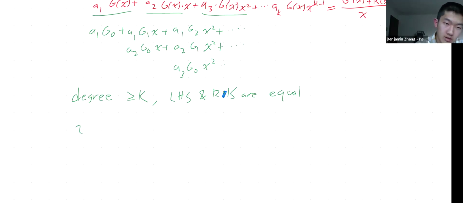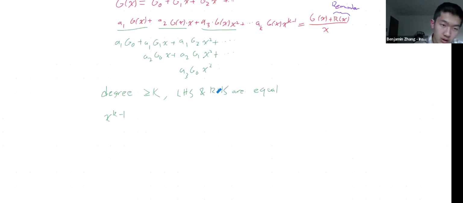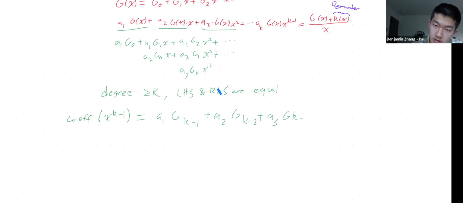If we look at the left hand side, the coefficient of x to the k minus 1 is equal to a1 g of k minus 1, sorry, plus a2 g of k minus 2 plus a3 g of k minus 3, plus all the way so on and so forth, until you get a_k times g0.